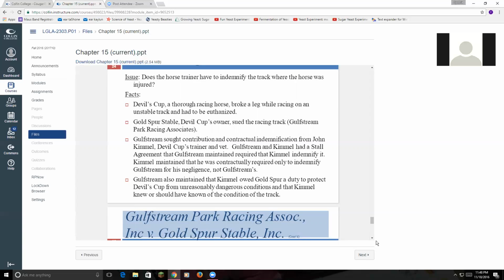And then Gulfstream, the racetrack, also maintained that Kimmel owed the owner of the horse a duty to protect the horse from unreasonably dangerous conditions, and Kimmel, being a trainer, would have been able to see that that track was not appropriate for the horse to race on at that particular time, and so he should have stopped it.